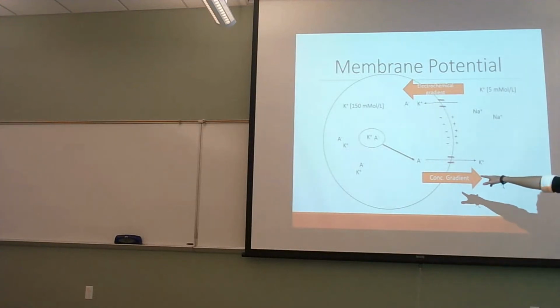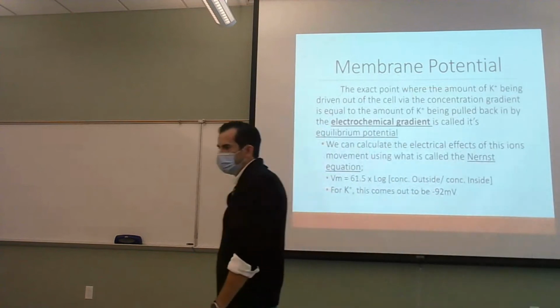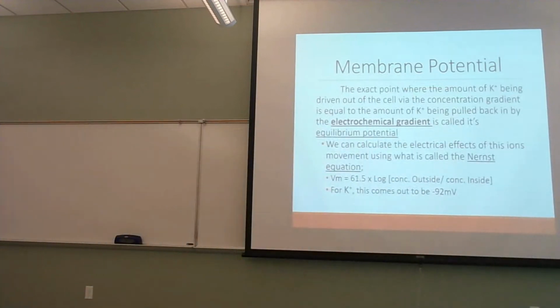Once we've created this situation, we get this revolving door of potassium ions. At that point, we can measure a voltage strictly because of the actions of those potassium ions.